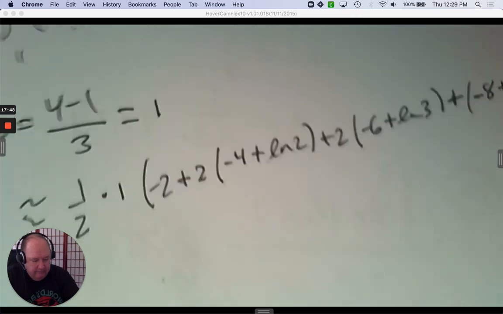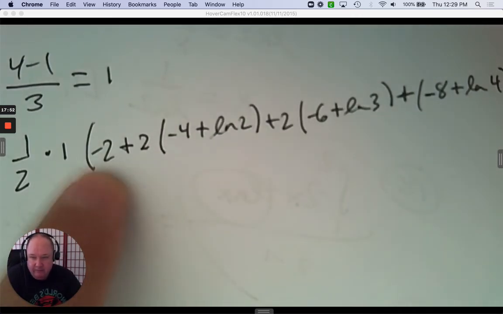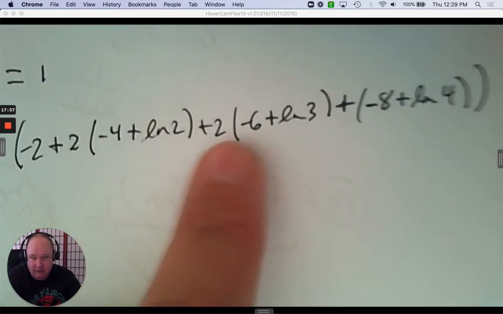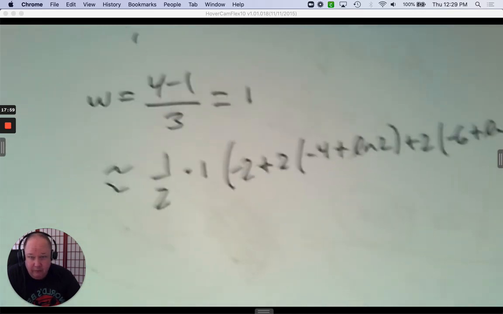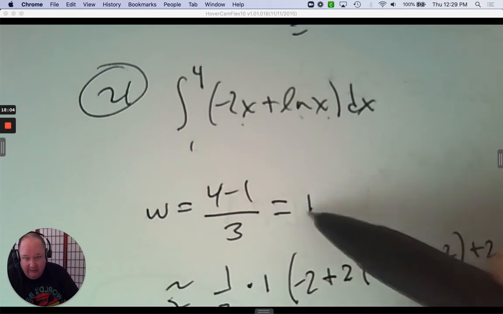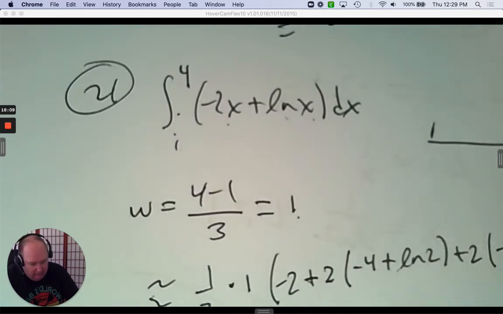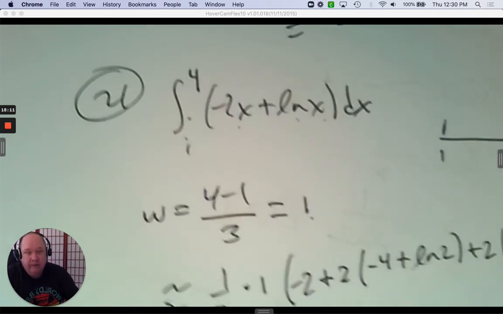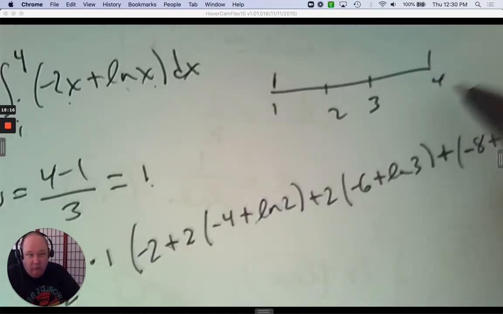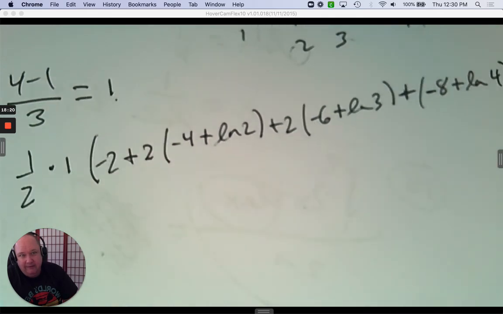And there it is: 1/2 times 1. So the rule for the heights is that the first one and the last one are single, but the heights in the middle are doubled. And you just substitute in. If the width is 1, that's how much you count by. First you plug in 1, add 1, now you plug in 2, now 3, and so on. You can visualize it, from 1 to 4. The trapezoids have an equal width of 1. So you're using 1, 2, 3, 4 when you plug in and know the rule.